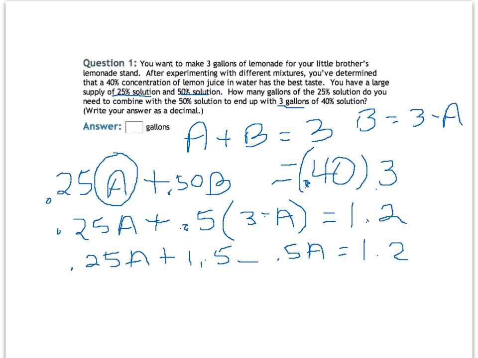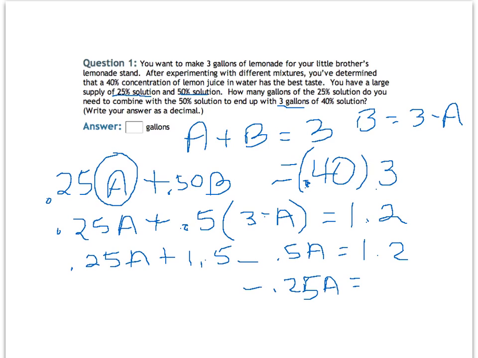Now again, like terms are our A's, so 0.25 minus 0.5 is going to create a negative 0.25, and that might worry me a little bit, because I'm like, how am I going to have a negative quantity? But you'll see that in the end, the negative is going to go away.